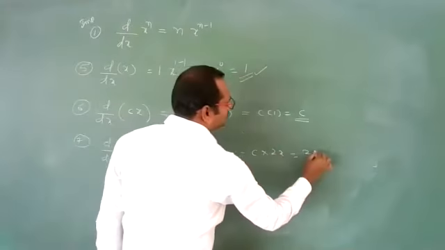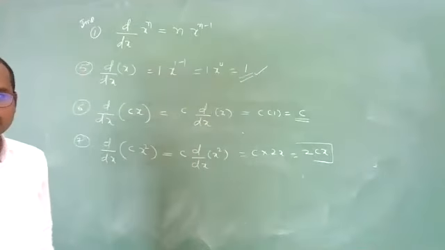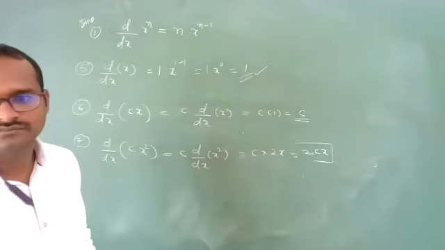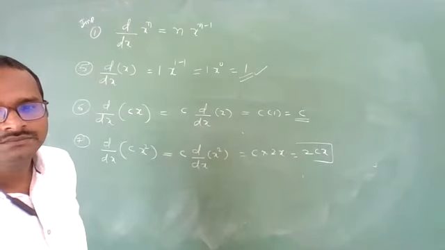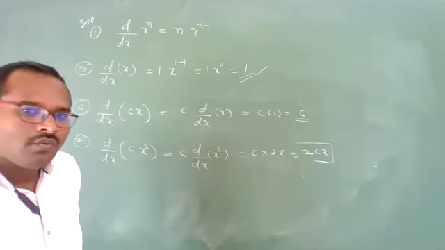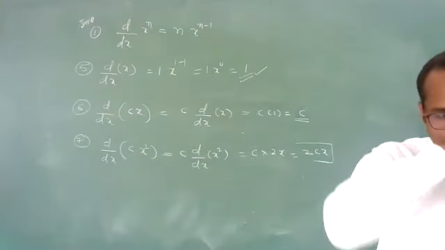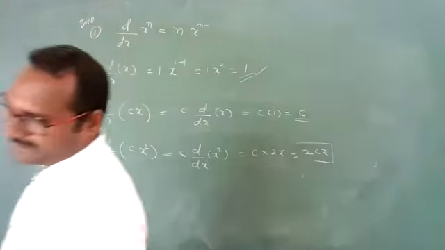Means it is 2cx is the value. Okay? Clear? I hope you are understanding.